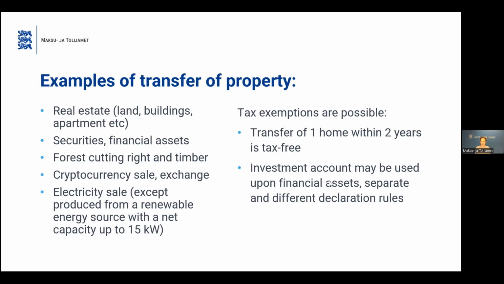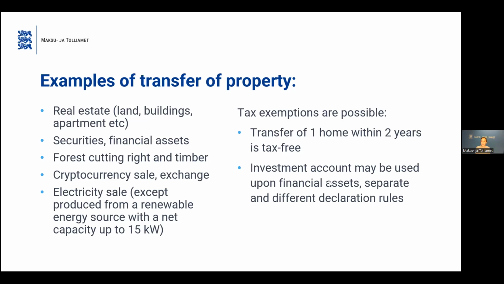Also, cryptocurrency sale and exchange is generally regarded to be transfer of property by type of income in Estonian taxation, and electricity sale for natural persons, where we also have an exemption, where this electricity has been produced from a renewable energy source with a net capacity up to 15 kilowatts.